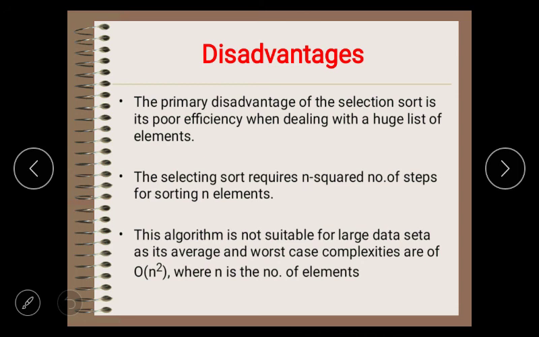Selection sort requires n square steps for sorting n elements, and this algorithm is not suitable for large data sets as its average and worst case complexities are of order n square, which we have already discussed in the previous slide, where n is the number of elements. So these are the disadvantages of selection sort.